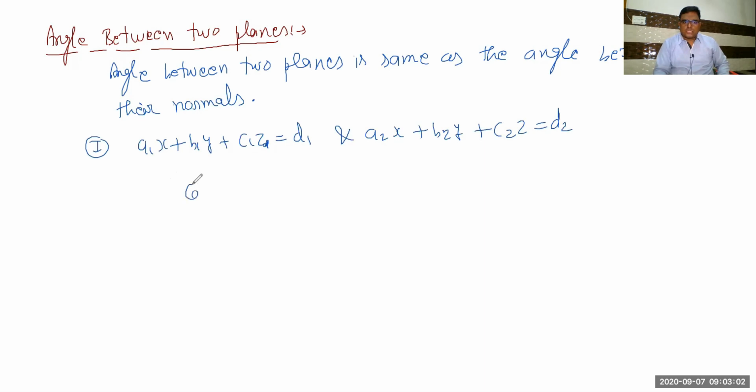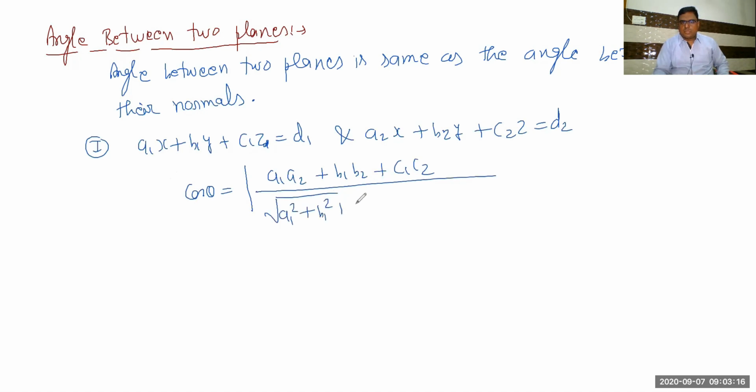Then the formula of cos theta will be modulus of (a1a2 + b1b2 + c1c2) divided by the square root of (a1 square + b1 square + c1 square) times the square root of (a2 square + b2 square + c2 square).